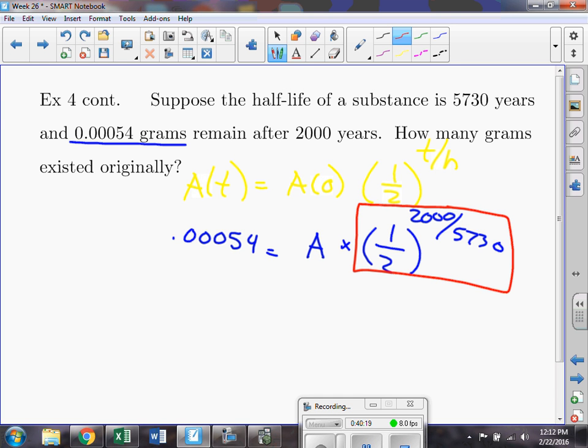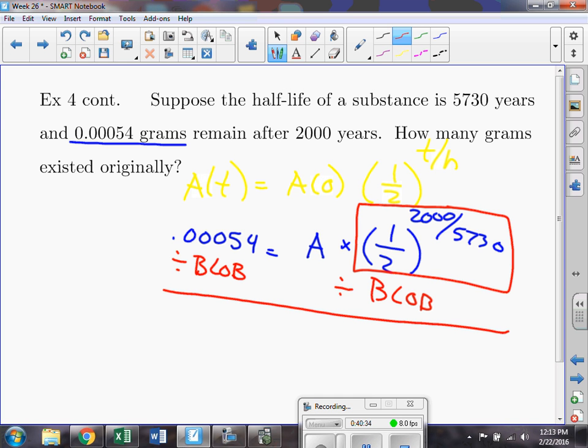So to get the a by itself, we can divide by that blob of stuff. And so we get exactly what we want to type into the calculator: 0.00054 divided by this blob of 1/2 to the exponent, and we'll get our result.